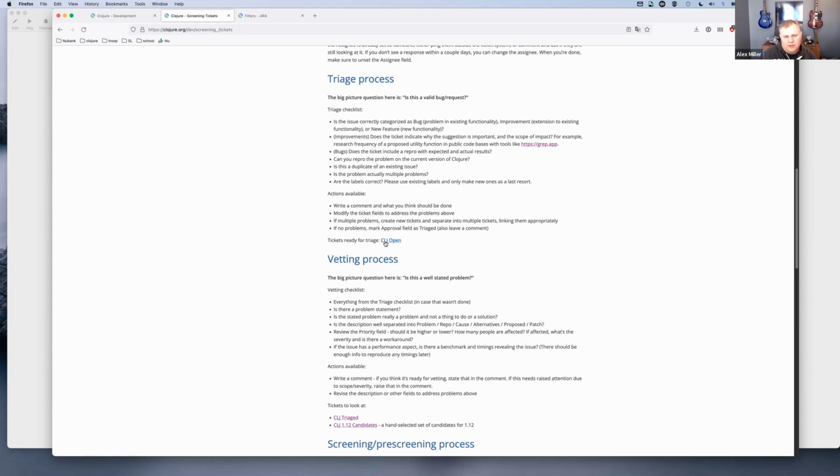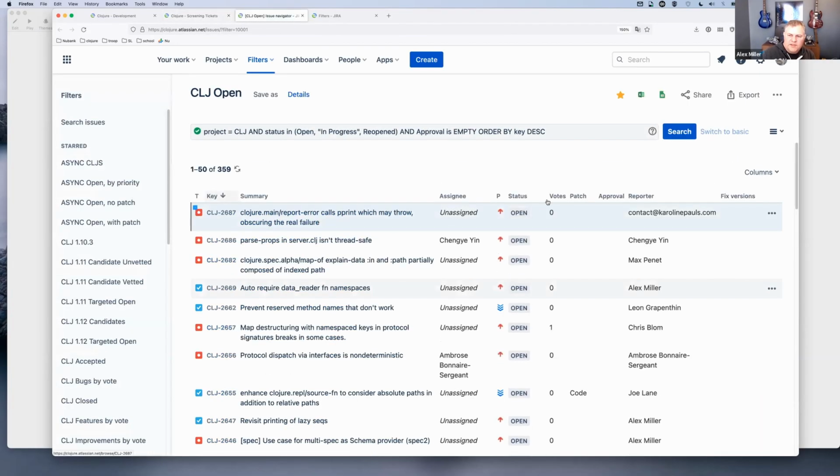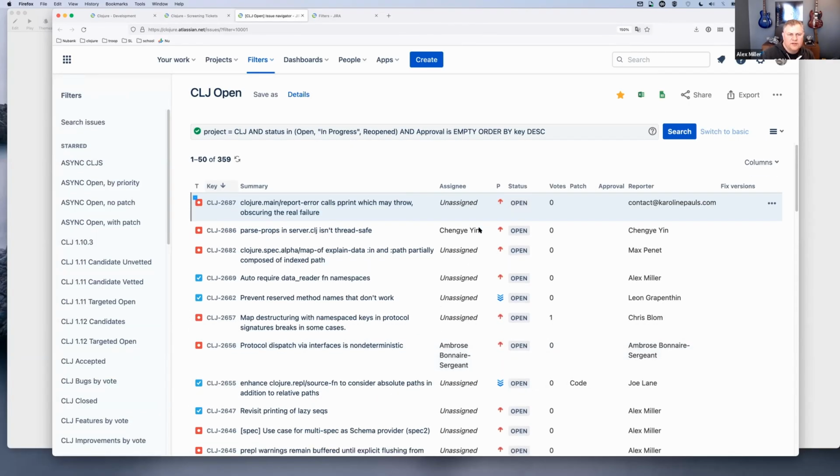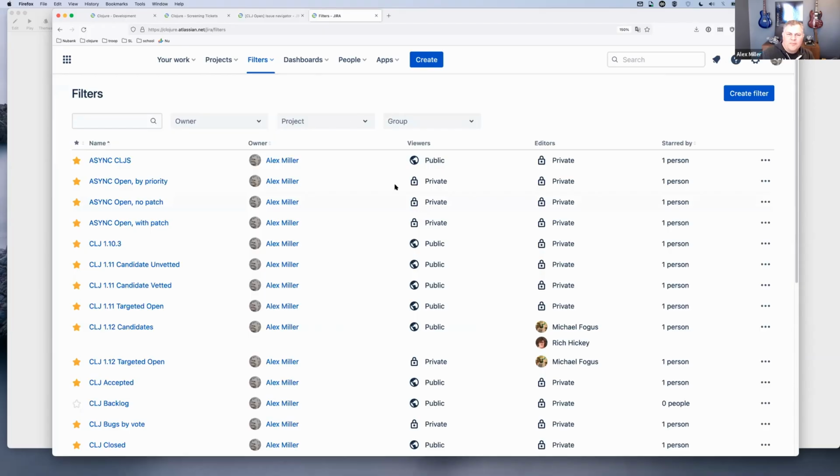So for triage, there's the CLJ open filter, which is all things that are open and untriaged. You'll see these are all in open status. The approval field is not set. Like I said, there's lots of these. There's 360 of them. So, go nuts.